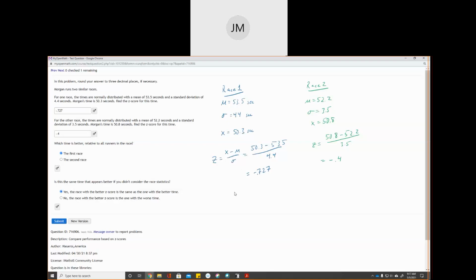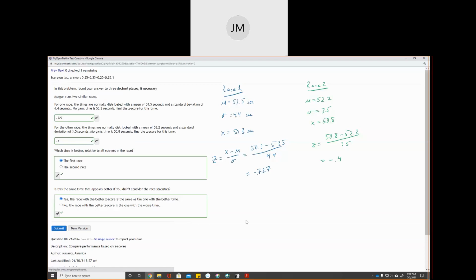Sometimes you might have a better z-score, but it might be a slower time, just based on the other runners in the race, the rest of the population. Does that make sense? Any other questions off the practice exam that you would like to go over?